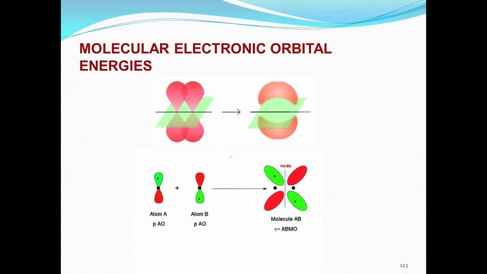So, that brings us to the shape of these orbitals. You can see here in this figure I have a molecular orbital, here there are pi bonds. The pi bond will look something like this, and the anti-bonding orbital would be looking the other way around.